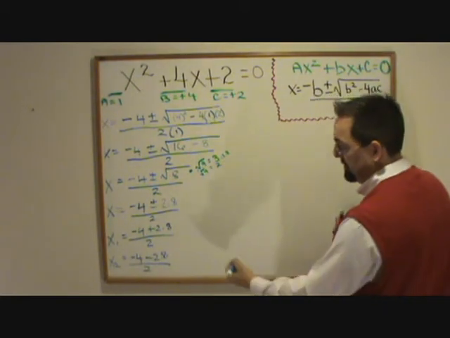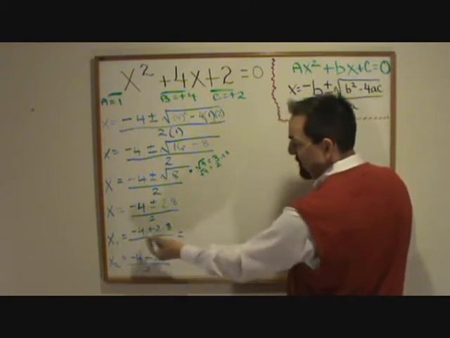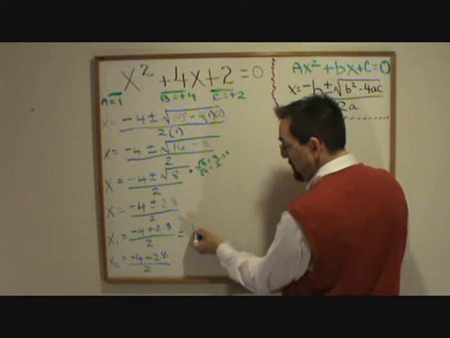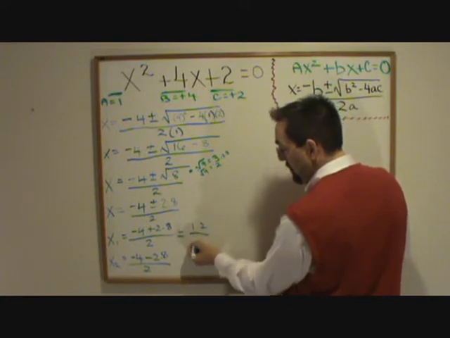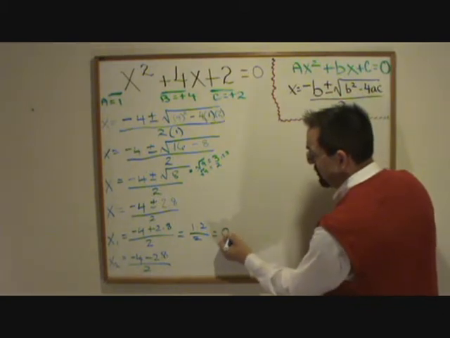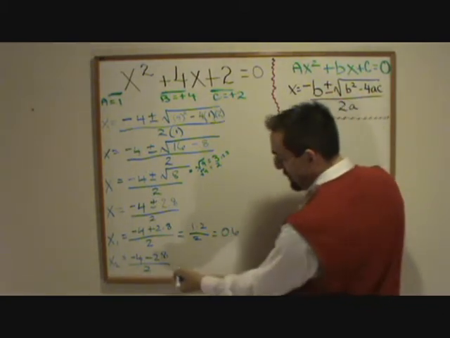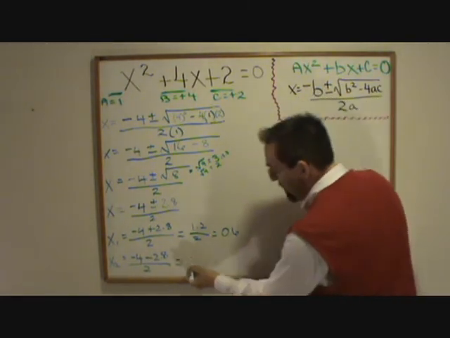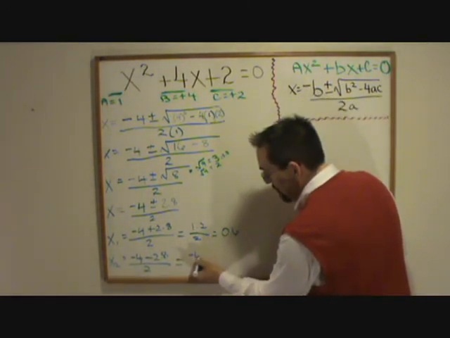Okay? Well, let's complete these. Minus 4 plus 2.8, that'll be minus 1.2 all over 2, which is minus 0.6.